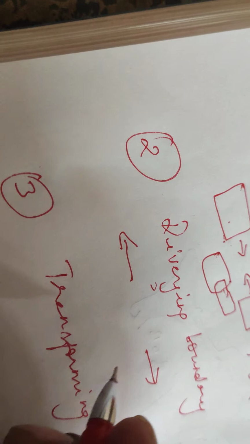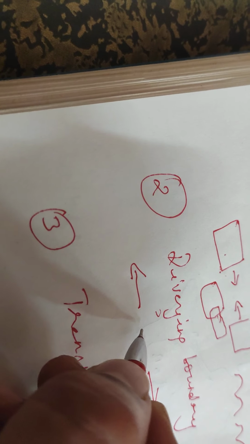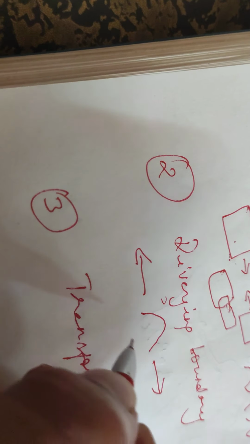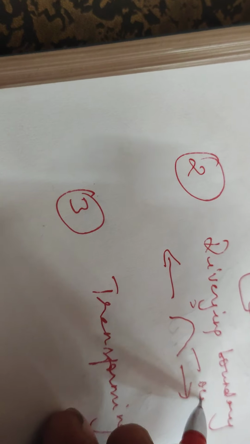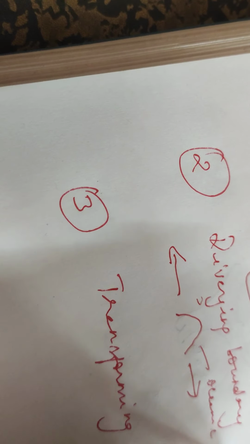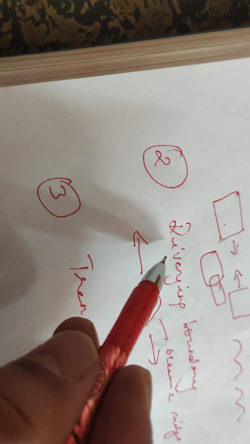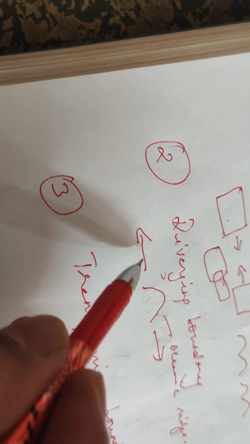There will be volcanic eruption, and whatever material comes out will form a mountain-like structure again. We can term it an oceanic ridge.